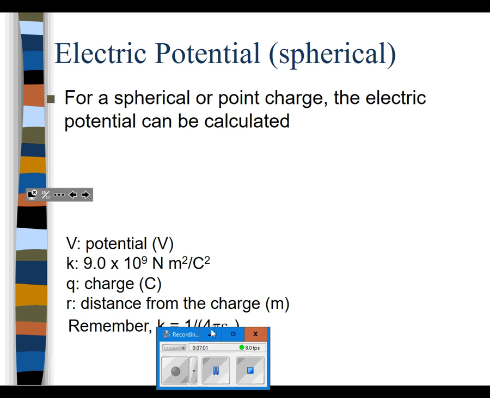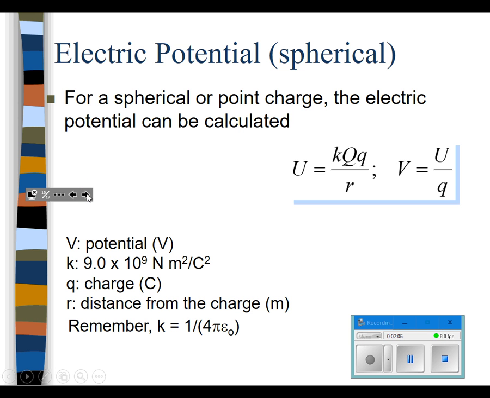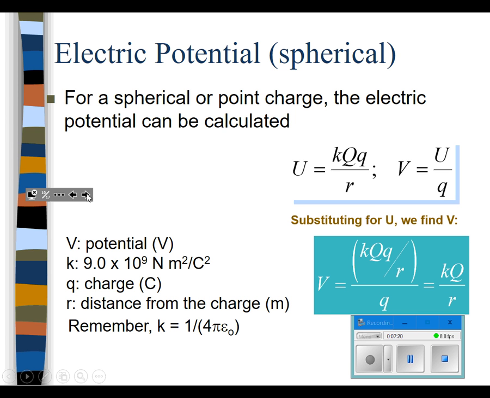When we're talking about electric potential around a sphere, for a spherical or a point charge, the electric potential energy can be calculated by U equals KQ1Q2 over R, or U equals V times Q. We can also do V equals KQ over R. These are lots of different ways to put these formulas together.